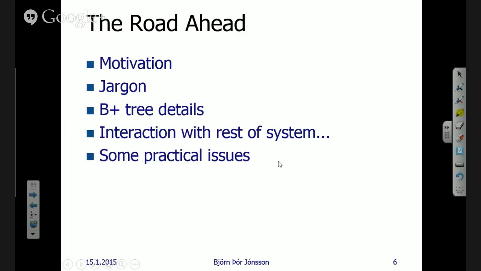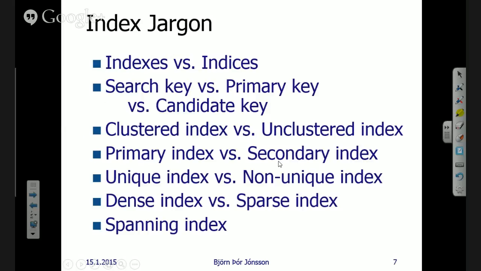Now jargon. We'll talk about index versus indices and so on, then go through some of the B+ trees. So index versus indices, same thing. You remember primary key and candidate key from your first database course. A candidate key is anything that uniquely identifies a record in a relation. Primary key is one particular key that was chosen to be number one. You're number one, you're the primary key. The other ones are secondary keys.